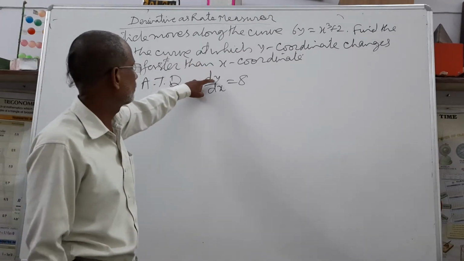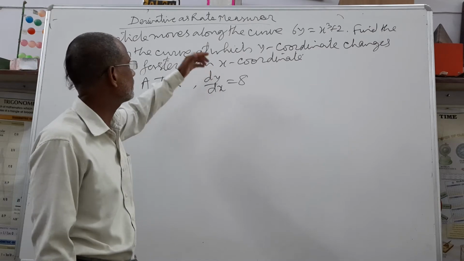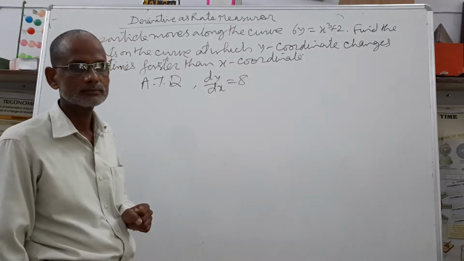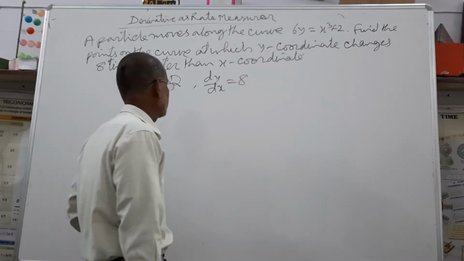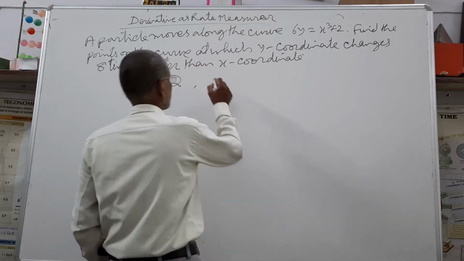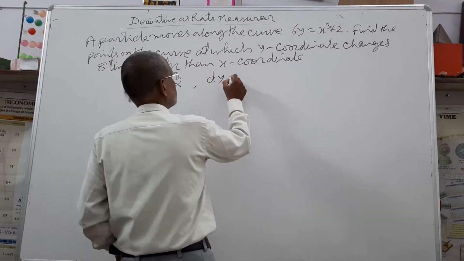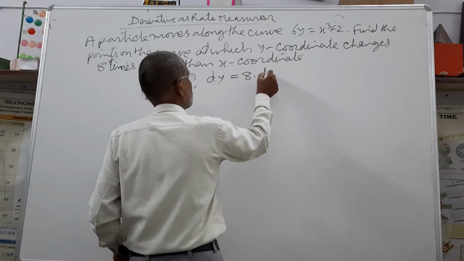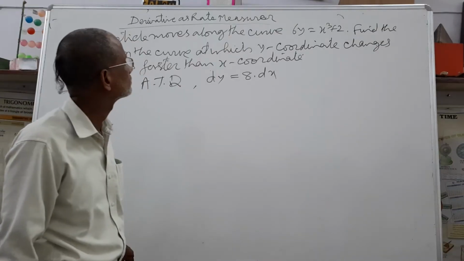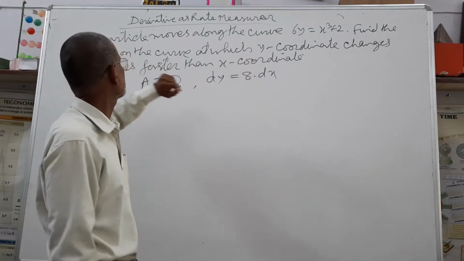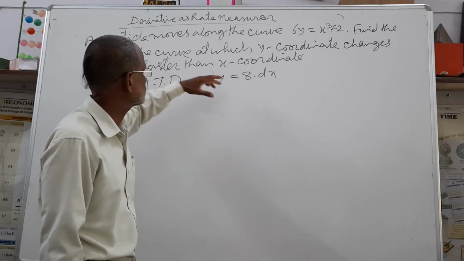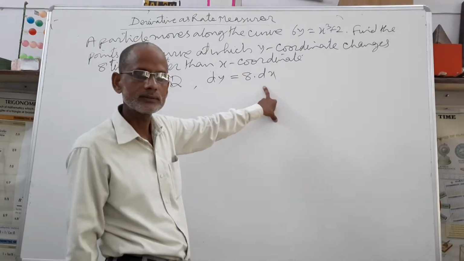Rate of change of y with respect to x is 8. In another word, change in y is 8 times change in x. Y coordinate changes 8 times faster than x coordinate.